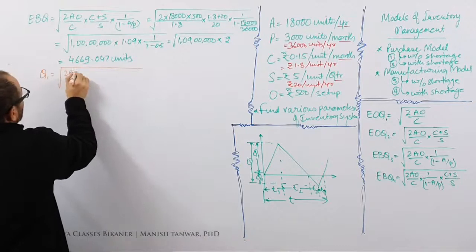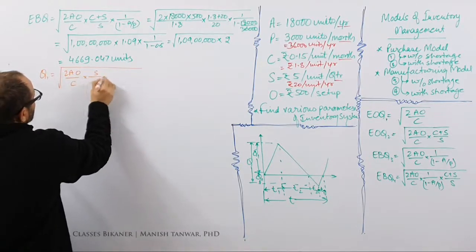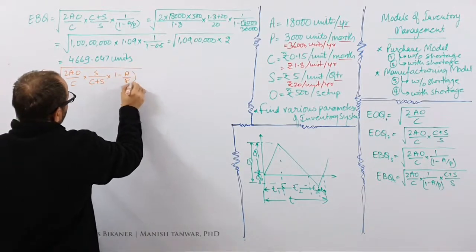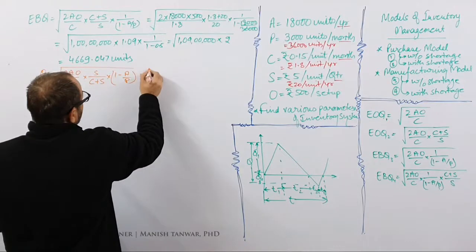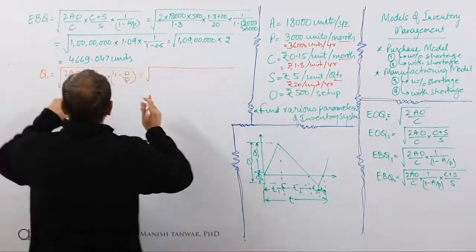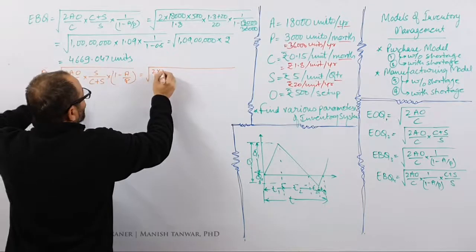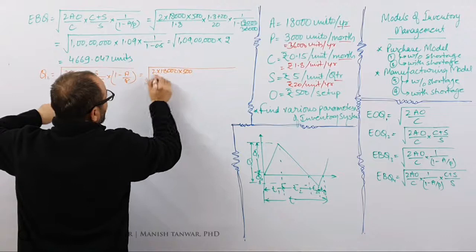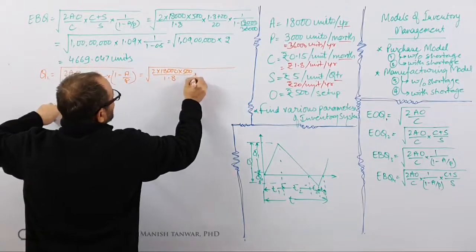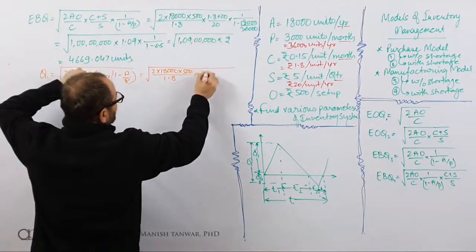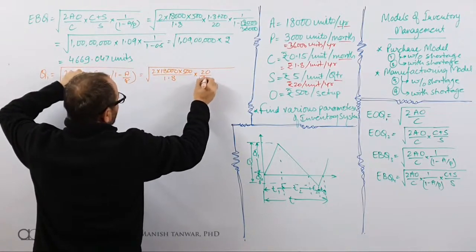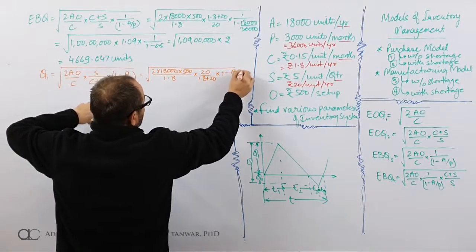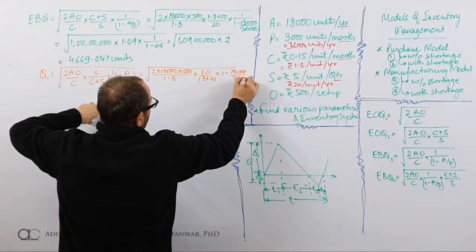So I will be having 2AO upon C, S upon C plus S, 1 minus A by P. If we find out values, it will be 2AO upon C. Then this is reciprocal, so it becomes 20 upon 1.8 plus 20, and this becomes 1 minus 18,000 upon 36,000.